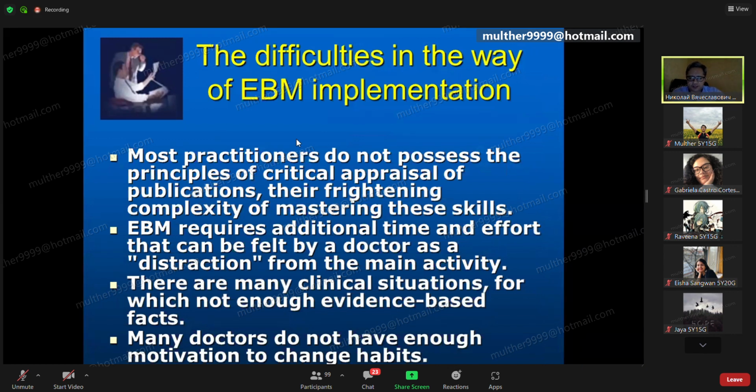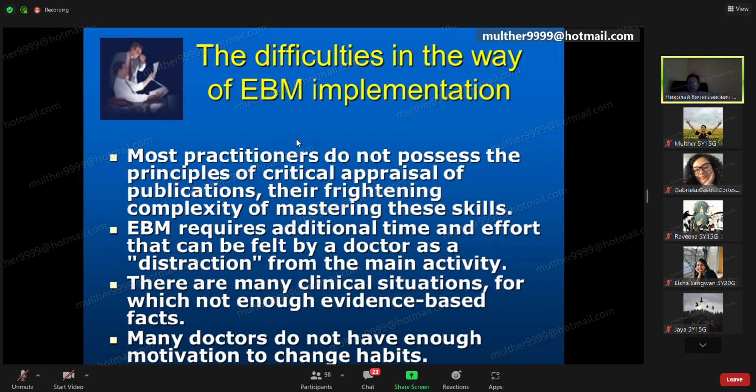The main difficulties in the way of EBM implementation in practice are associated with the fact that most practitioners, general practitioners and other specialists, do not possess the principles of critical appraisal of publications. The frightening complexity of mastering these skills.